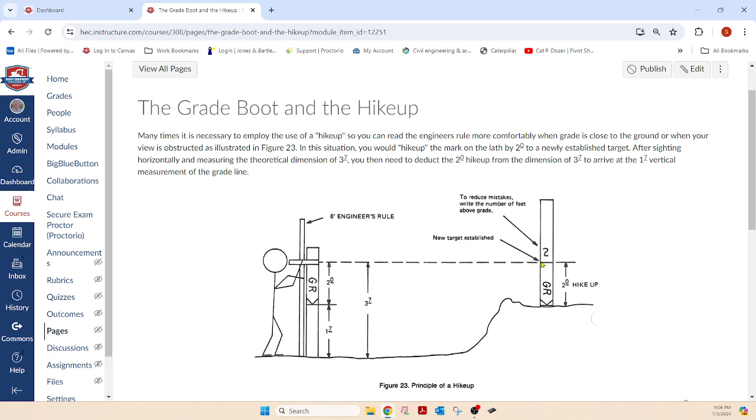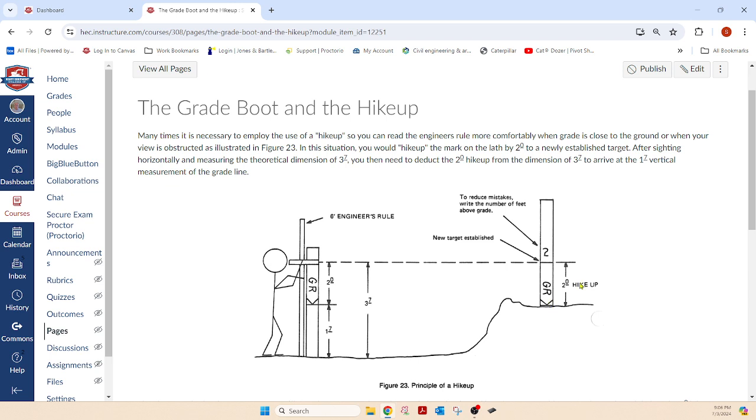This line right here and this number tells me that this line is 2 feet above the desired grade. The rest of it's down in here somewhere. We don't know that yet. All we know is that this line, because it's a designated grade boot, is 2 feet above the desired grade.